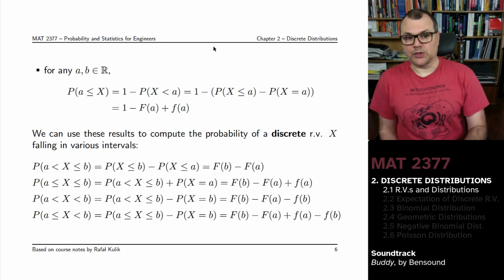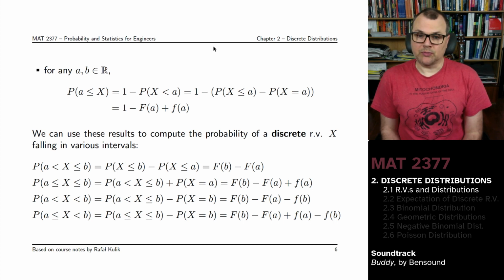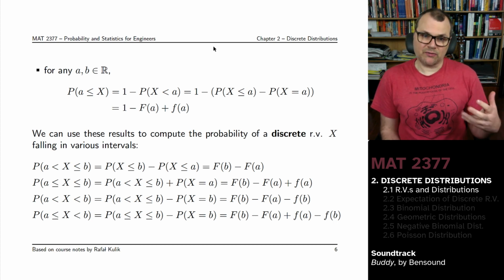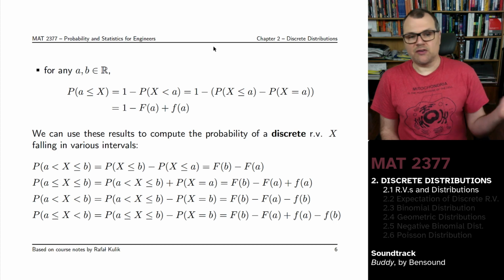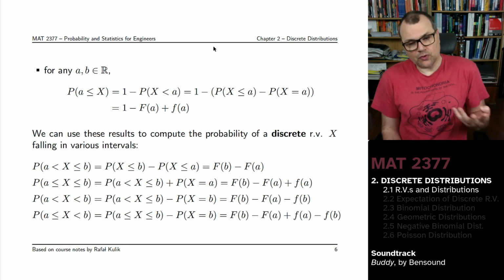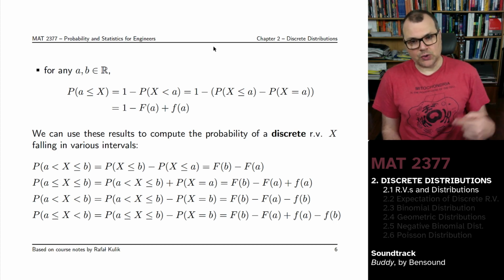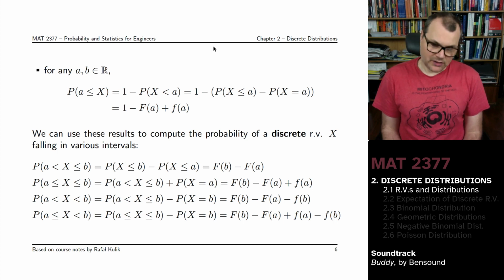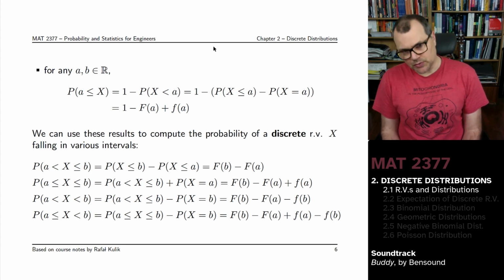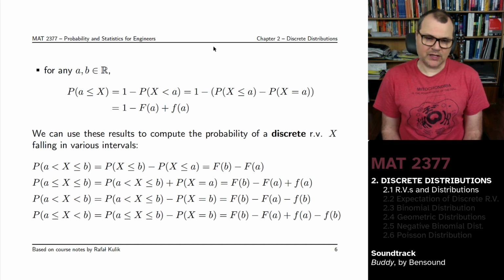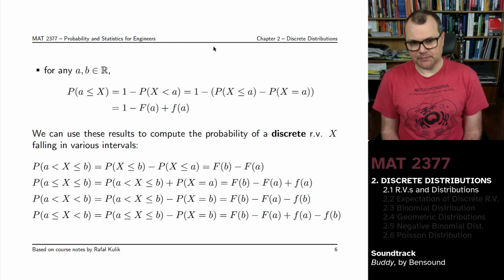So all of these results can be used to compute the probability that a discrete random variable will fall in various intervals. There are 4 different intervals: a strictly smaller than x less than or equal to b, a less than or equal to x less than or equal to b, a strictly smaller than x strictly smaller than b, and a less than or equal to x strictly smaller than b.